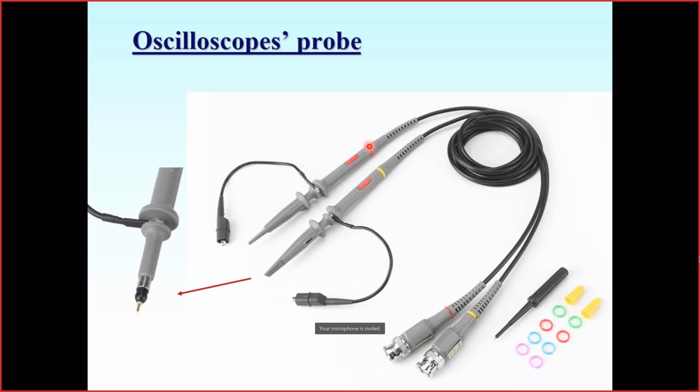You may remove the original ring and put on the ring you wish. It makes it easier to recognize which BNC plug corresponds to which probe, if you use more than one probe in your work.